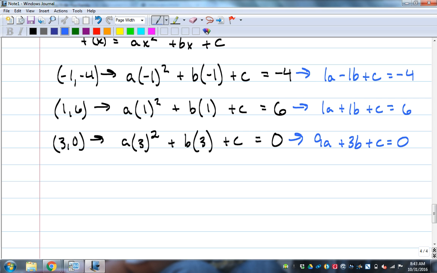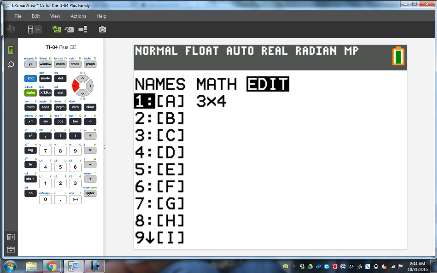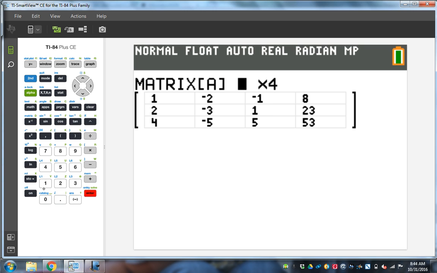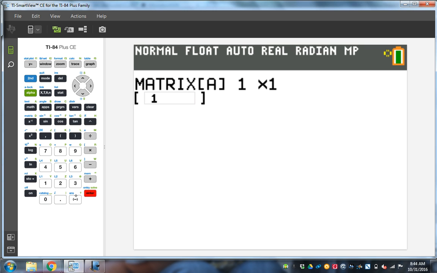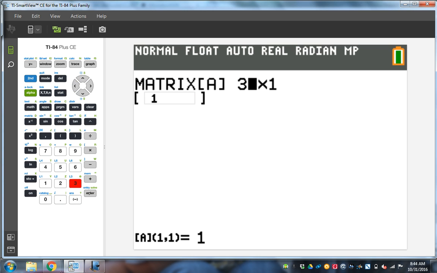And the easiest way to do that is a matrix for that. So I would set up this matrix: 1, -1, 1, -4, 1, 1, 6, 9, 3, 1, 0. Set up that matrix, and RREF, reduced row echelon, for that. 1, -1, 1, 3/4.